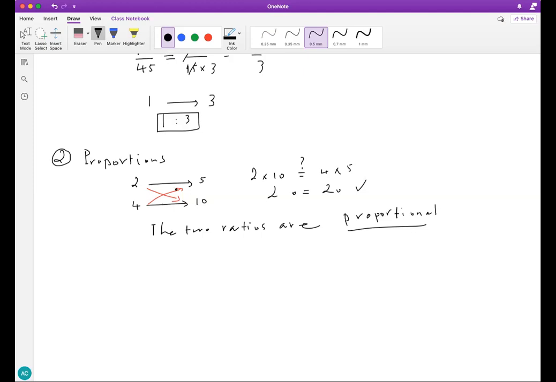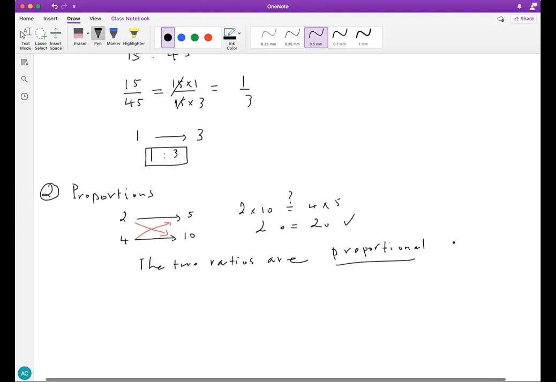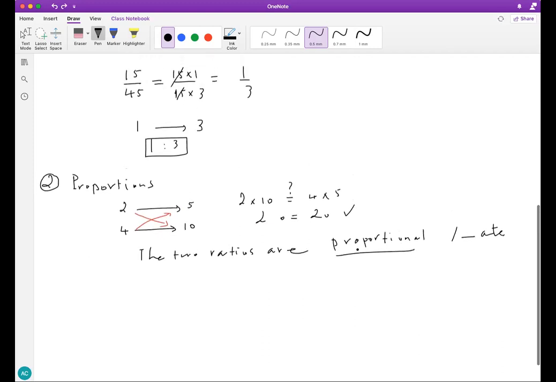If you cross multiply and the 2 multiplications are not equal, then you say they're not proportional, they're disproportional. By the way, you can say proportional or proportionate. Proportional and proportionate mean the same thing. And the opposite is disproportional or disproportionate.